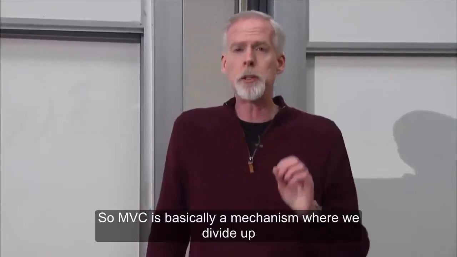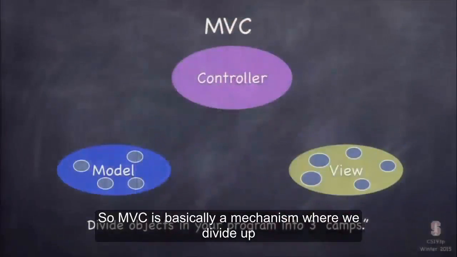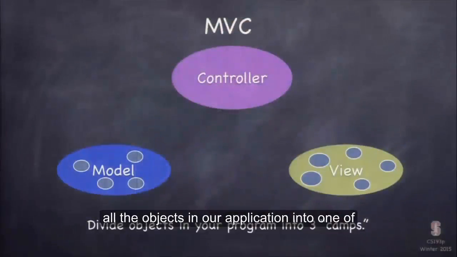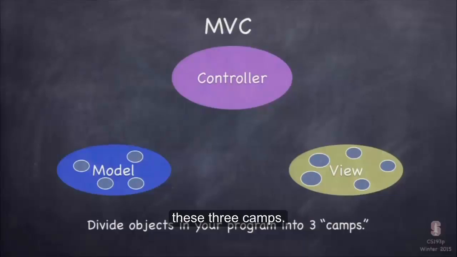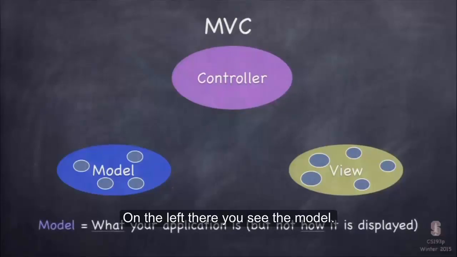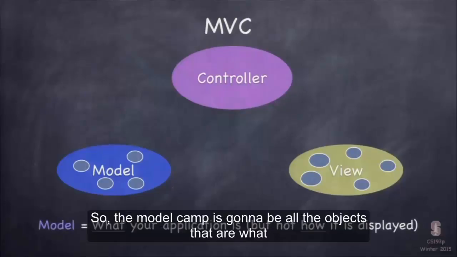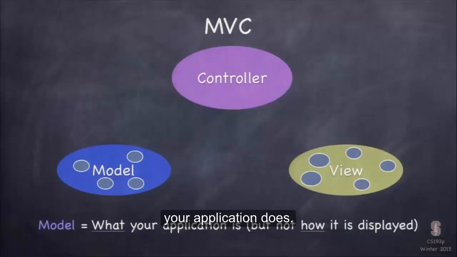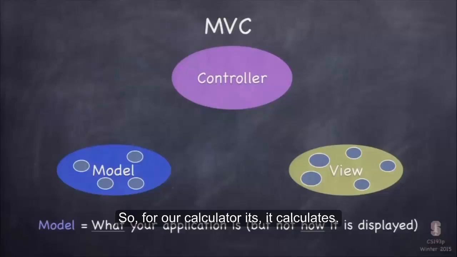So MVC is basically a mechanism where we divide up all the objects in our application into one of these 3 camps. On the left there you see the model. The model camp is going to be all the objects that are what your application does. So for our calculator, it calculates.